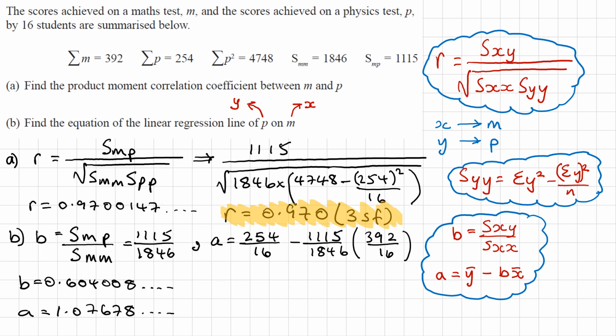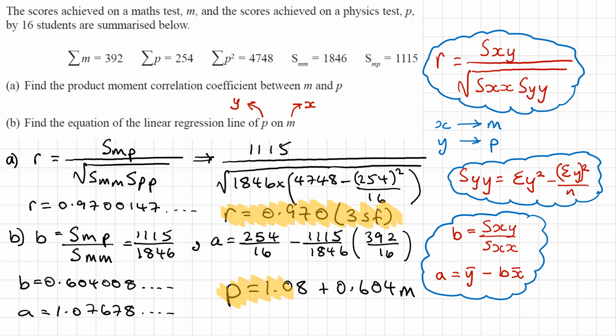So I can say that P is equal to A, which is 1.08, plus B times by M, because that's like my X. So my B is going to be 0.604 M. So I'll just highlight that.